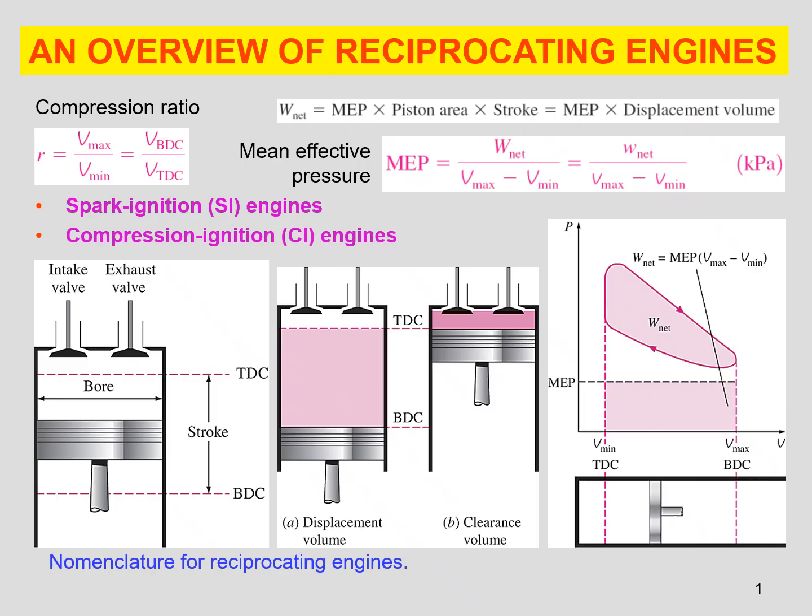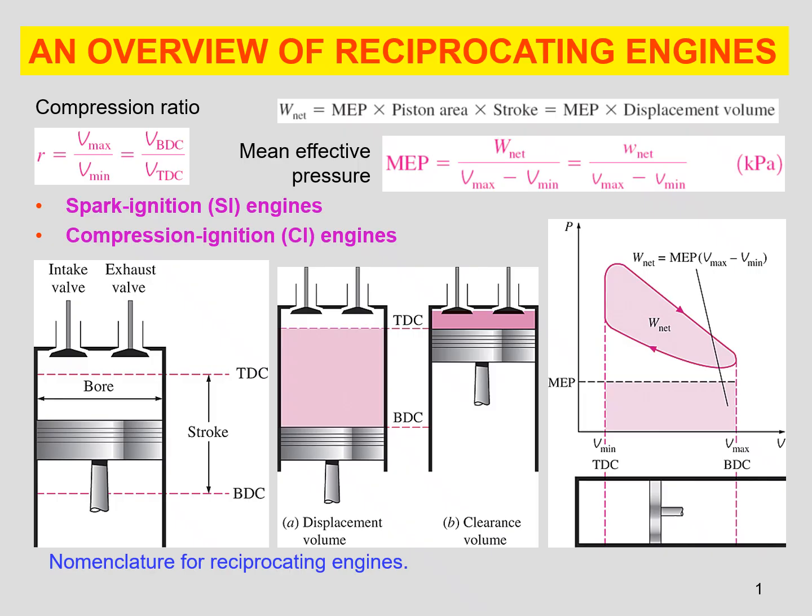So the main parameter in the reciprocating engines, either spark ignition (SI) engine or compression ignition (CI) engine, is the compression ratio. What is the compression ratio? Compression ratio is the ratio between the maximum volume and the minimum volume. What is the maximum volume, and what is the minimum volume in the reciprocating engine?